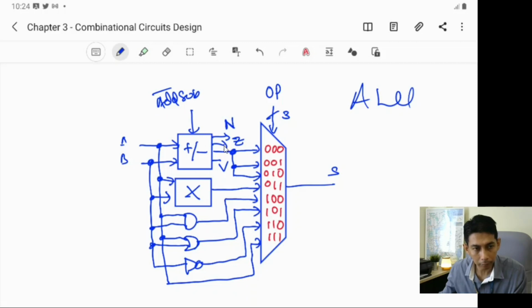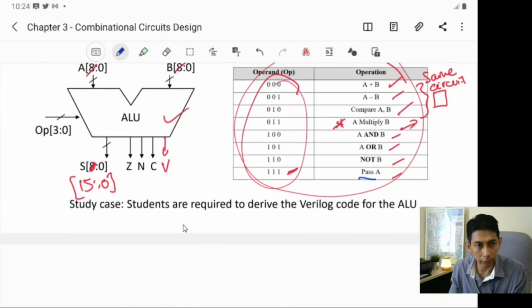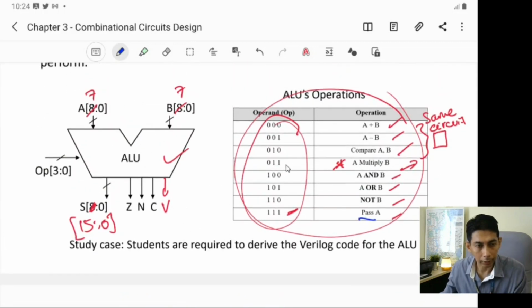All right. And when 0 1 1, you get the output from the multiplier, and 1 0 0, you get the output from the AND gate, because 1 0 0 is AND operation.